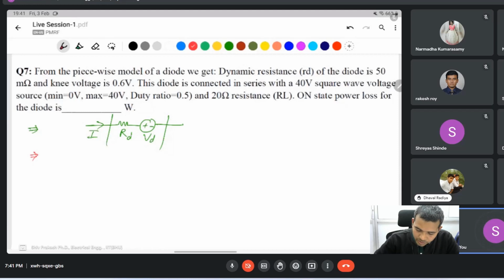You know about power: power is 1 by T, integral from 0 to T, of V into I into dt. This is the actual power of any device.